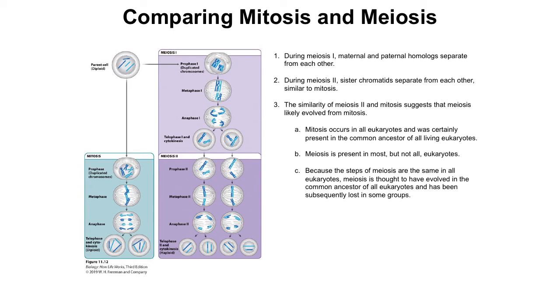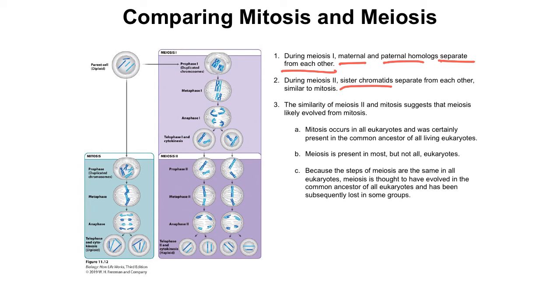During meiosis I, the maternal and paternal homologs separate from each other, whereas in mitosis, the maternal and paternal homologs are all just aligned on the same plate. During meiosis II, sister chromatids are the ones separating from each other, very similar to mitosis.